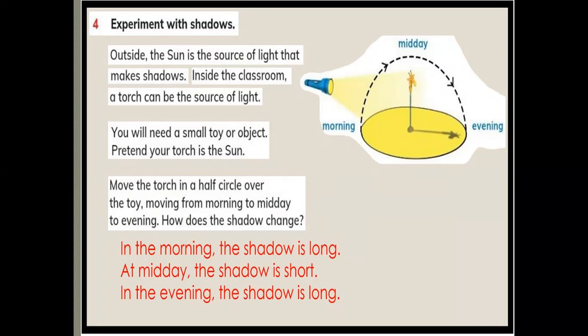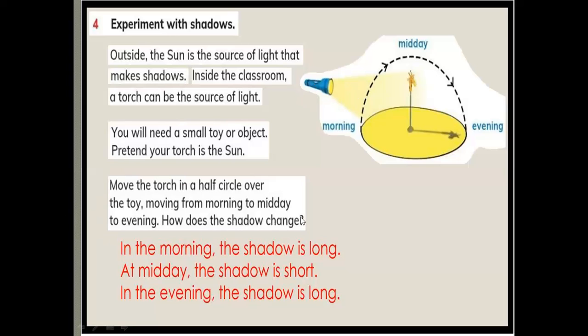But inside the classroom, we are going to use our torch, and a torch can be a source of light. You will need a small toy or object. Pretend your torch is the sun. So we are going to say that the torch is the sun. Move the torch in a half circle over the toy, moving from morning to midday, to the evening.